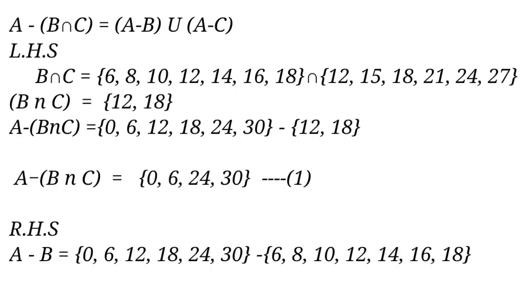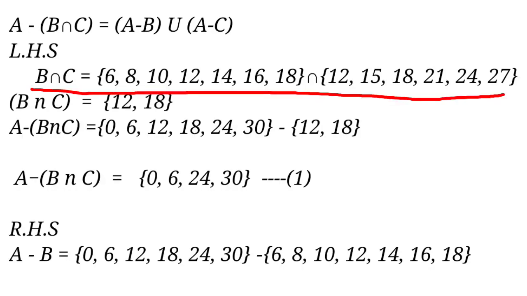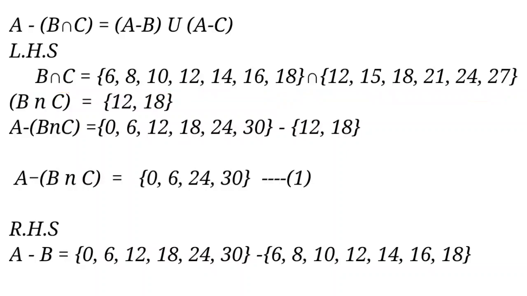Then the left hand side, A minus (B intersection C). First step, we find the inside of the bracket, so B intersection C. B intersection C is equal to {6, 8, 10, 12, 14, 16, 18} intersection {12, 15, 18, 21, 24, 27}.